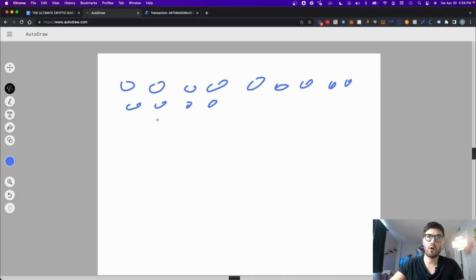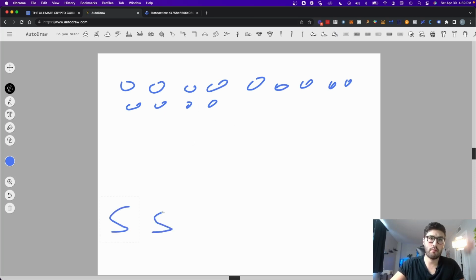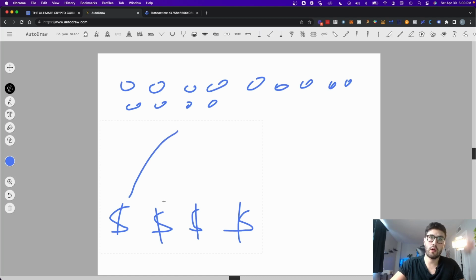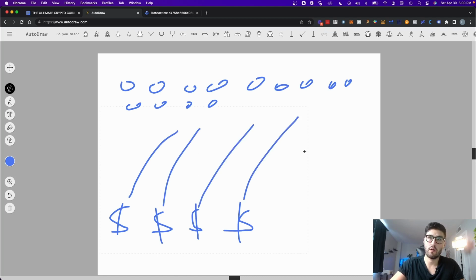So the more tokens that are in circulation, and the more tokens that are in existence, the more money, and the more capital will need to flow into these tokens to raise the price, okay? And this is basic mathematics.